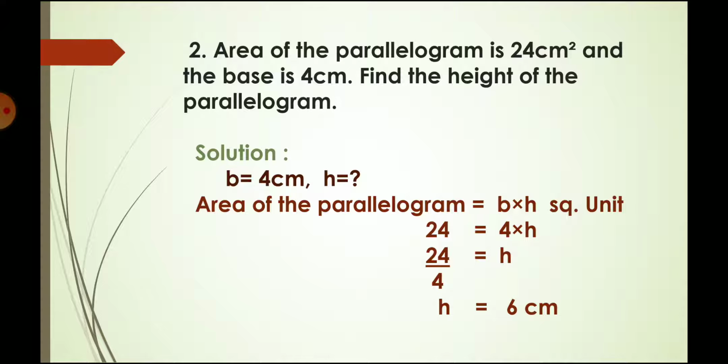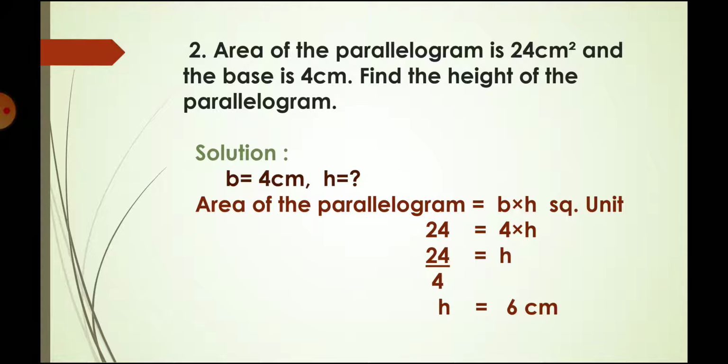Now we just find the value of the height of the parallelogram. Here the base is 4 centimeter and we don't know the value of h, so we have to find this value. The formula for the area of the parallelogram is b into h square unit. They gave the value of the area, so we just substitute these values: 24 equal to the value of b, which is 4, times h, whose value we don't know.